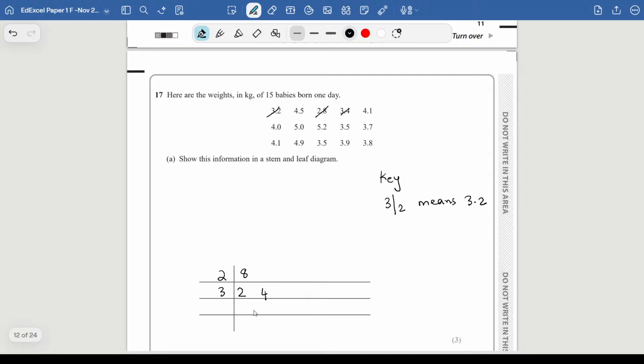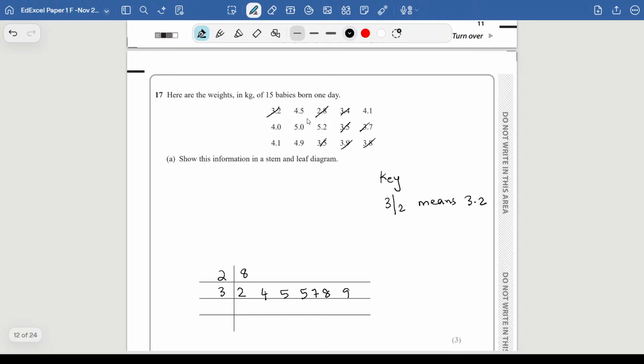So I just have to write 4 here because it's 3|4. The next will be 3.5. There are 2 of them, so I write two 5s here. The next will be 3.8 and 3.9. I missed out 3.7 here, so 7 goes in here.